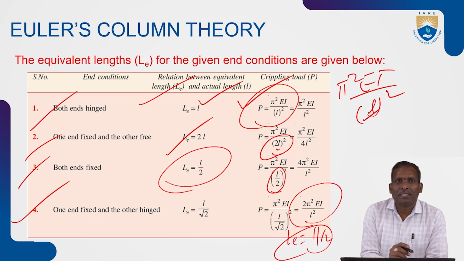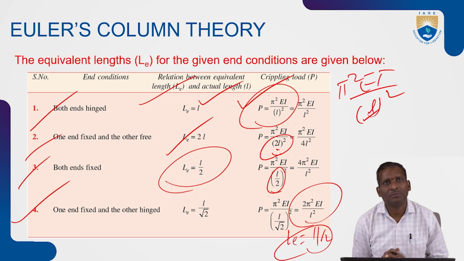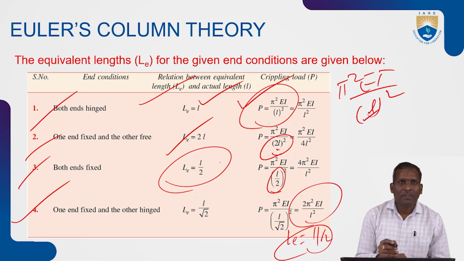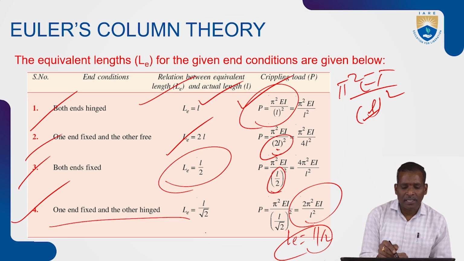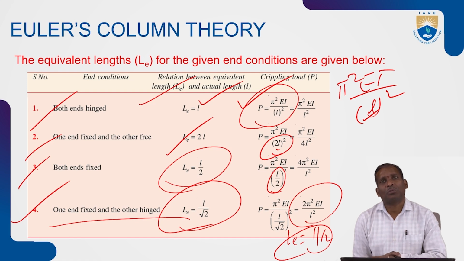Similarly, for both ends fixed, the end condition will be given in a problem. We will see while doing the problem solving session. So LE is equal to L by 2. For one end fixed and the other end hinged, for the equivalent length LE you need to substitute L by root 2.